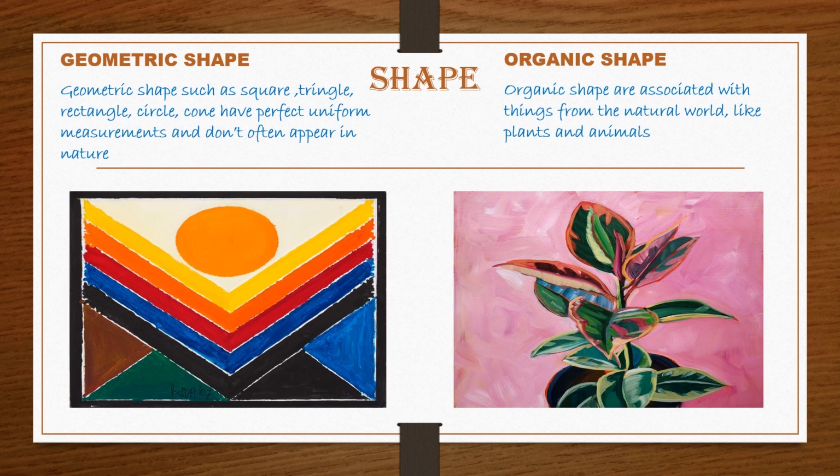Geometric shapes such as square, triangle, rectangle, circle, cone have perfect uniform measurement and don't often appear in nature. Second is organic shape. Organic shapes are associated with things from the natural world like plants and animals.